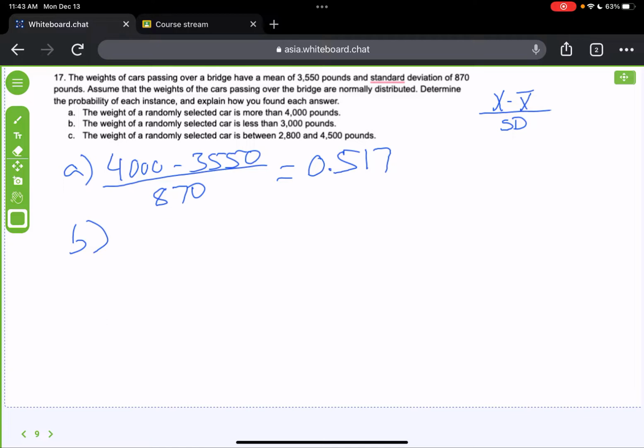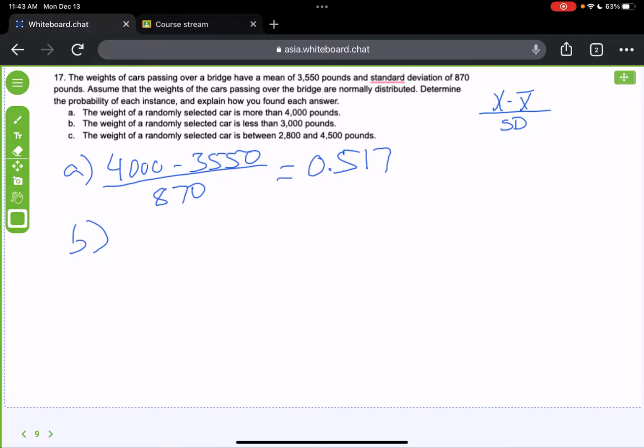That's going to be 450 divided by 870, which is 0.517.